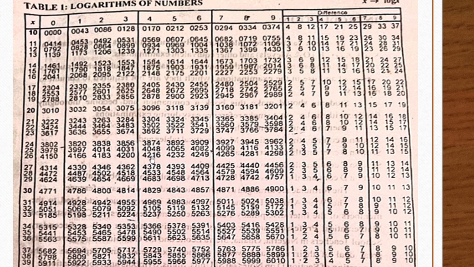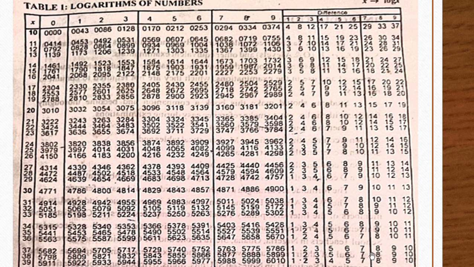So let's trace 4 down. That's 5729, difference 6. The difference 6 will be in this column. So for 37, it will be 7.